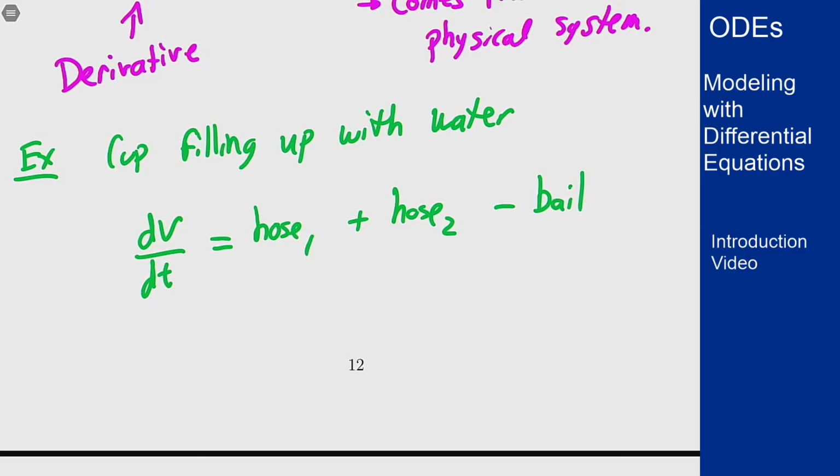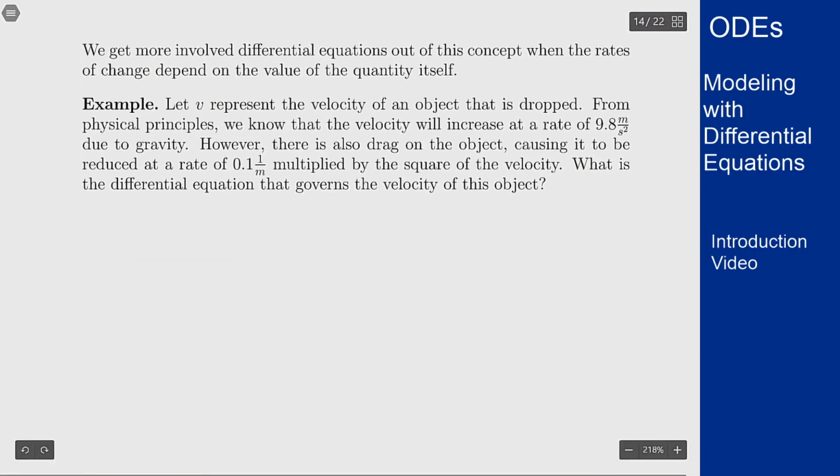Now, in this case, these are probably all constant numbers, but you get more involved equations when these different quantities also depend on the volume of the water. Other parameters in the problem can cause these to be more complicated and give you more involved differential equations that you need to solve, like the one we have here.